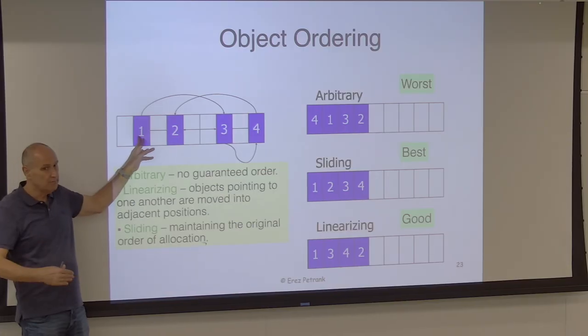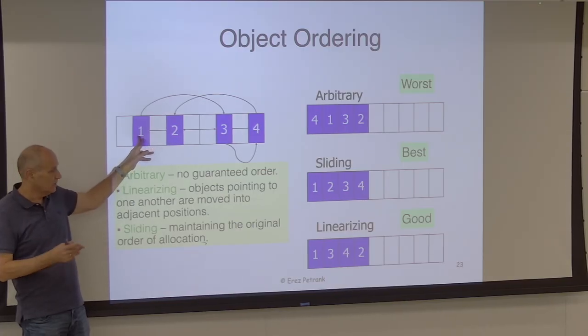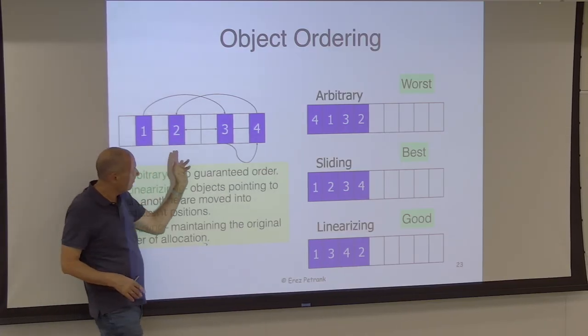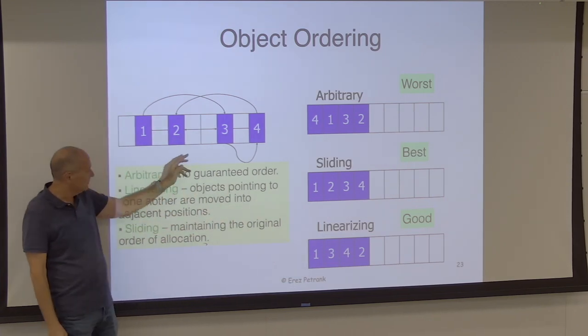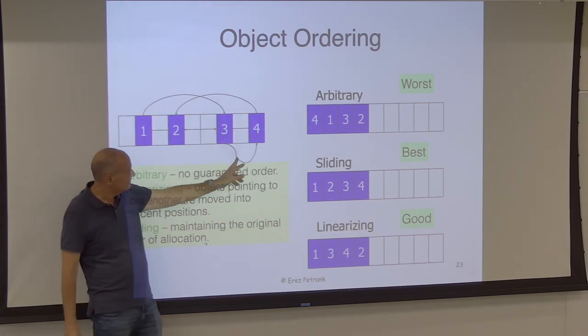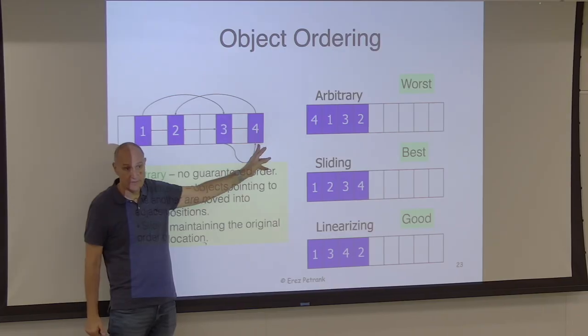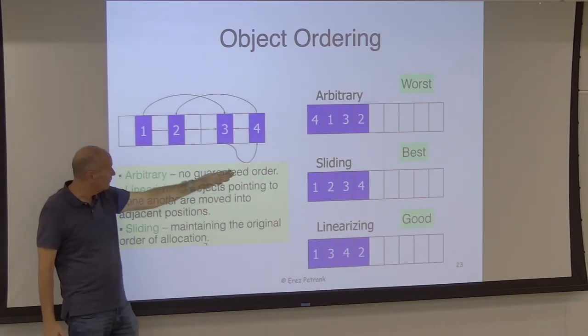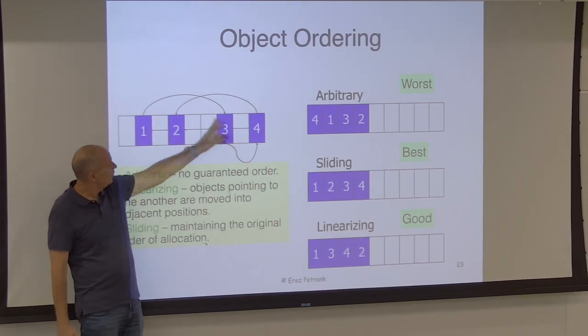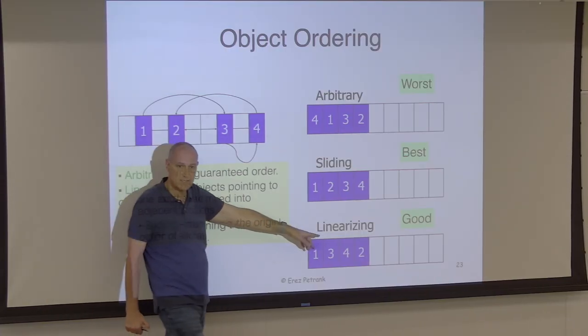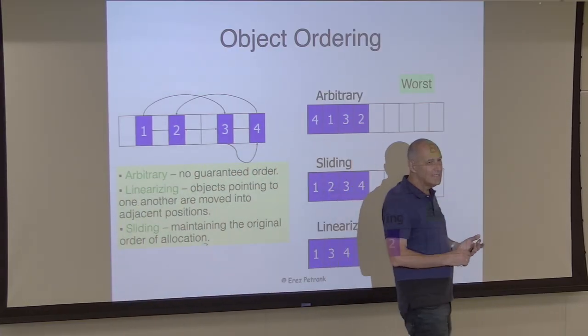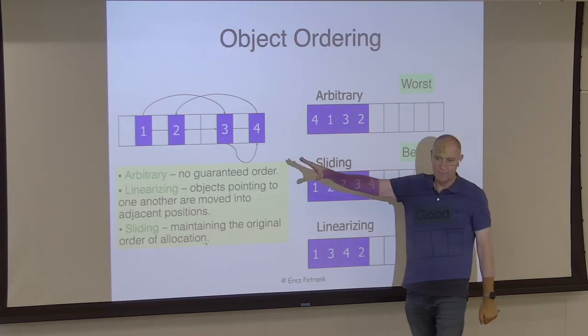And so it may be good for the execution. And so you see 3 comes after 1, and then I look what is referenced by 3. It's 4, so I put 4 after 3. And then 4 looks at 2, so 2 comes last. This is called linearizing. This is a very simple example.